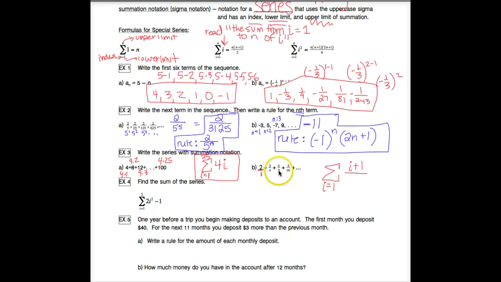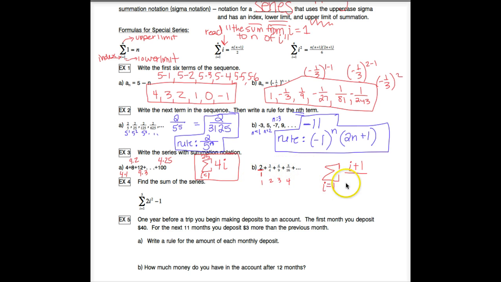The denominators, when i is 1, 1 is 1 times 1. When i is 2, I get 4. When i is 3, I get 9. When i is 4, I get 16. What am I doing to the 1, the 2, the 3, the 4 to get these denominators?